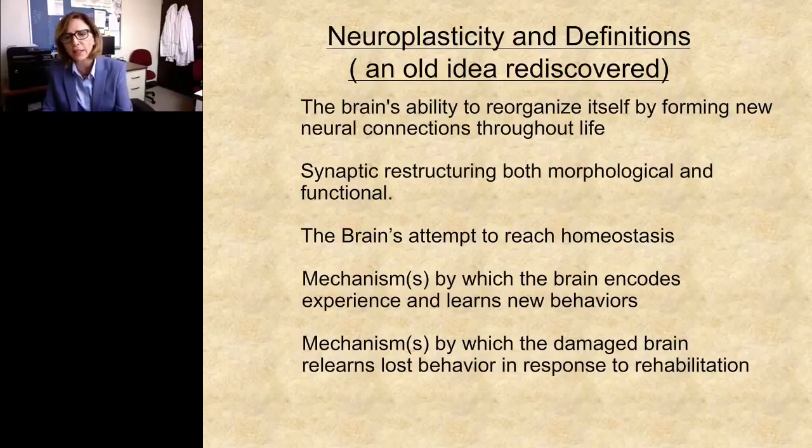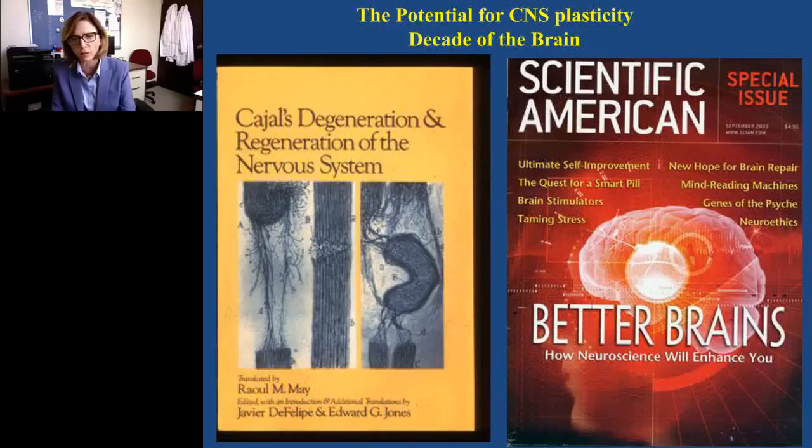And finally, and important for this talk, we borrow these concepts that have been out there for a number of years, and we're introducing them in the context of the damaged, injured brain. So now we're going to be talking about Parkinson's disease, and when we talk about damage, we're really talking specifically about circuitry, and how exercise through encoding new types of experiences may be able to drive some level of repair.